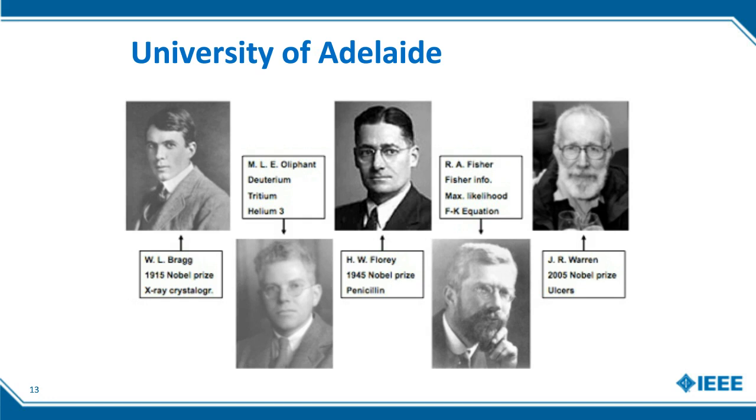And also Fisher is well known to all engineers because he devised the maximum likelihood method and the Fisher-Kolmogorov equation and Fisher information, of course. He actually gave lectures here towards the end of his life in the early 1960s, and he's still buried here today. Okay, so that's just a bit of a background of where I'm from.